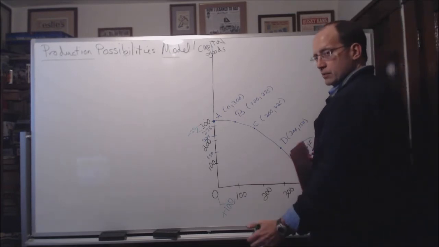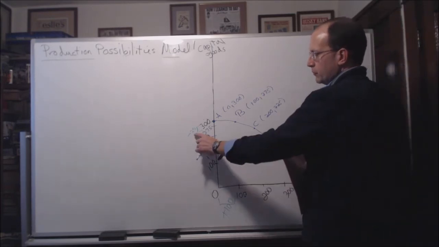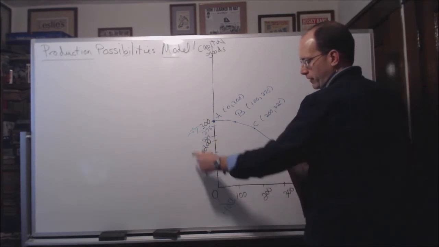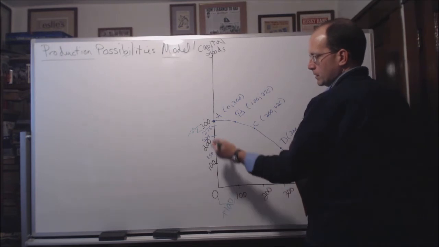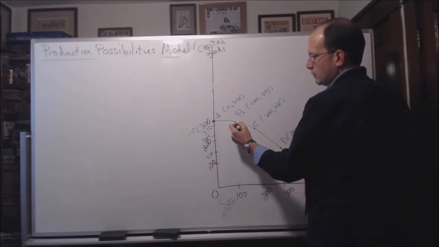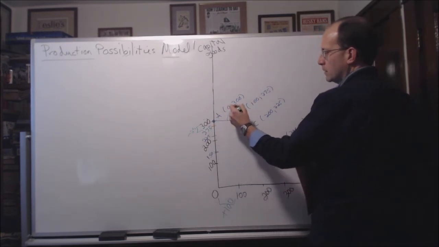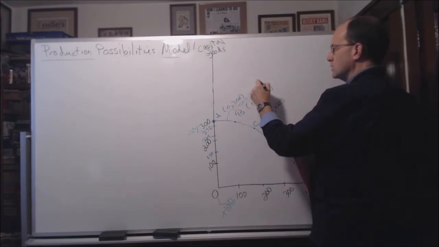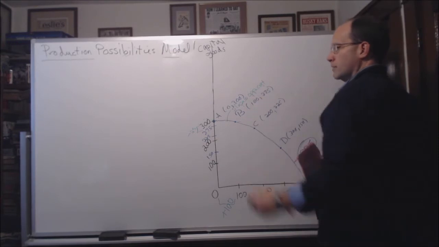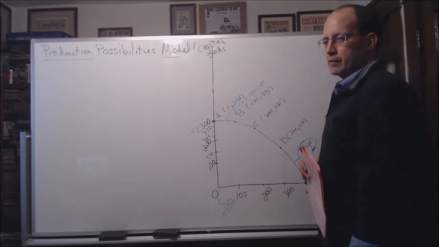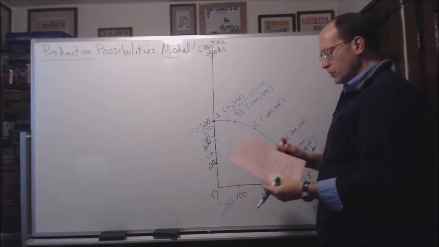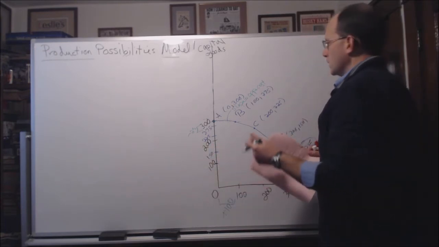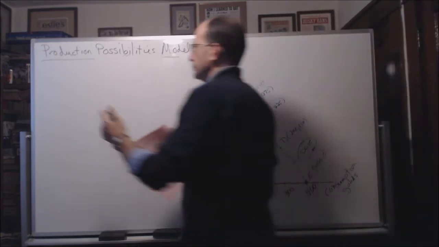To me, that looks like the slope because it's the rise over the run. You have to give up 25 to get 100. And so the slope of the line between A and B is the opportunity cost. It's what we have to sacrifice of one to get more of the other. So if you're writing it down in your notes, opportunity cost is shown in the model as the slope, right?